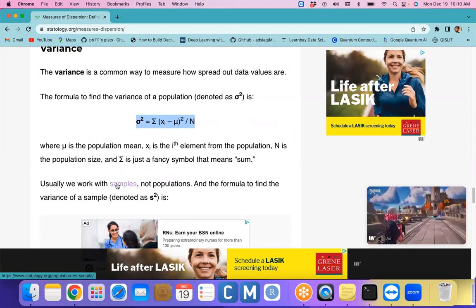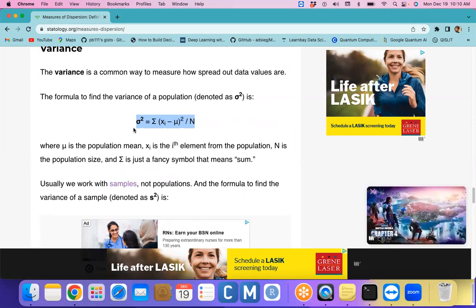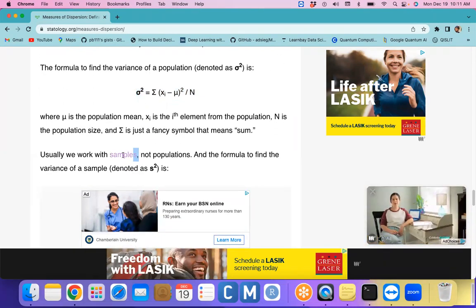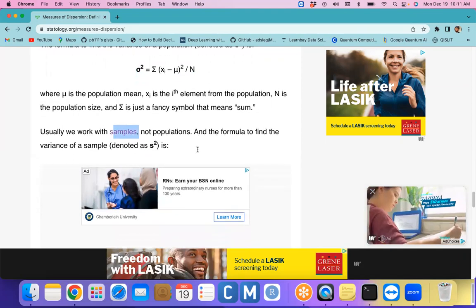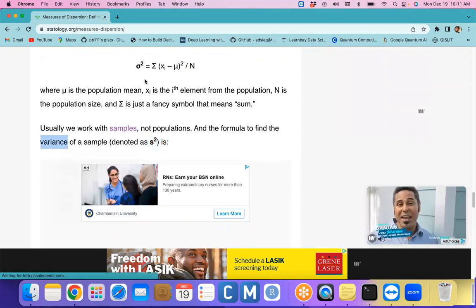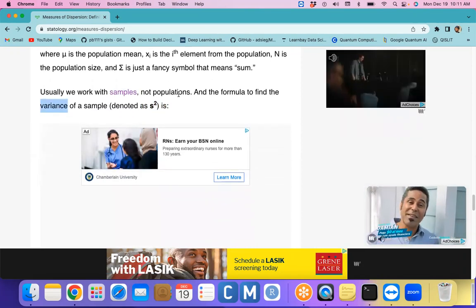Usually we work with samples, not the population. This is the formula for the population variance. But most of the time we are working with sample data, right? Not the population data. In that case we denote the variance with s square. S square means sample variance, and sigma square means population variance.